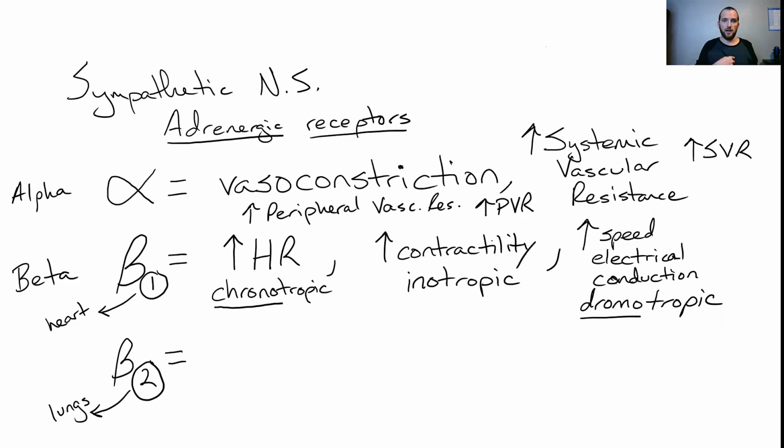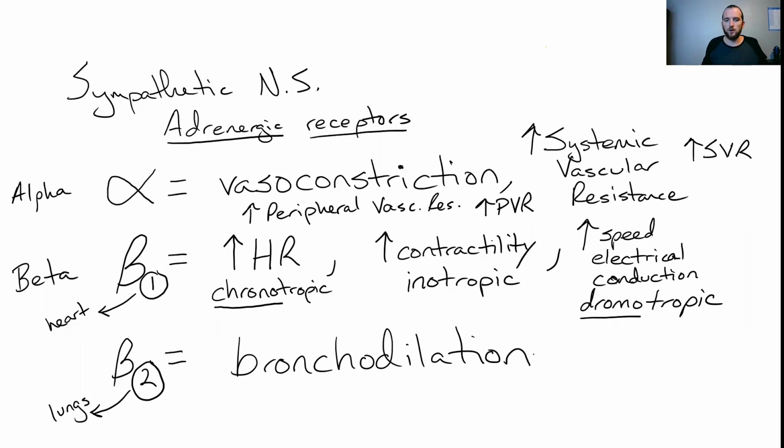All of those are cardiac effects, and so they're beta 1 effects because we have one heart. Now, the beta 2 effect: we have 2 lungs, and when that receptor gets stimulated, it causes big time bronchodilation. So we vasoconstrict with alpha and we bronchodilate with beta 2.